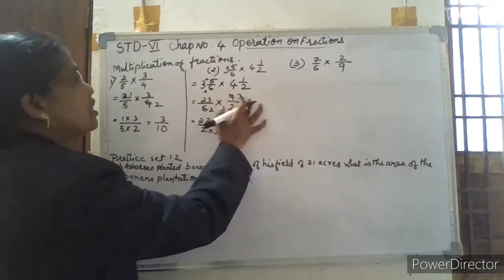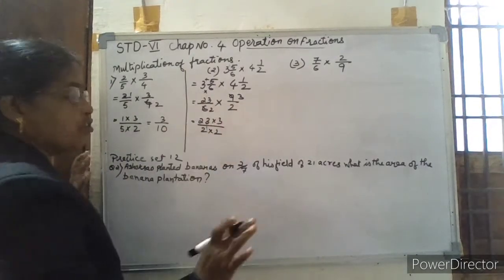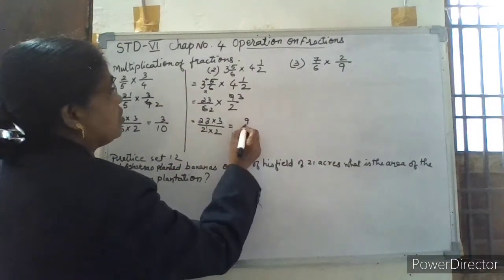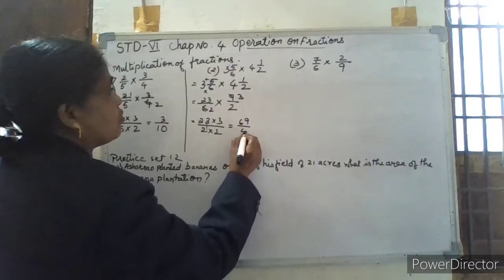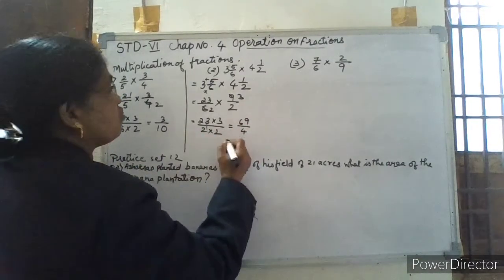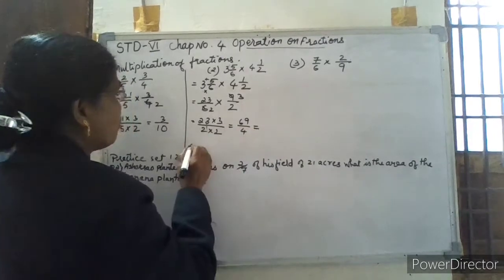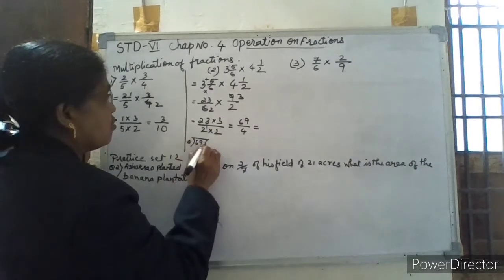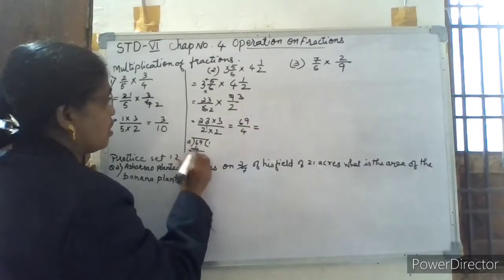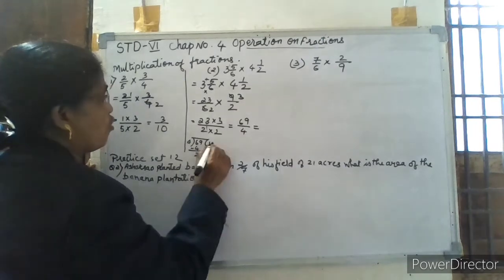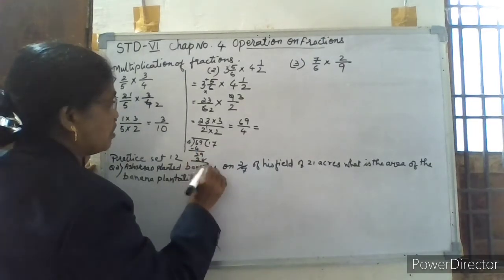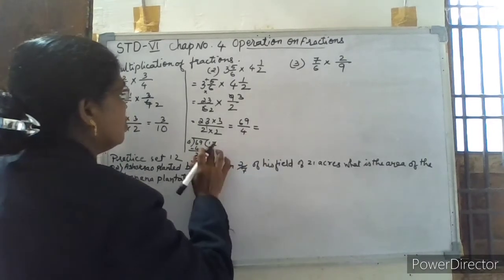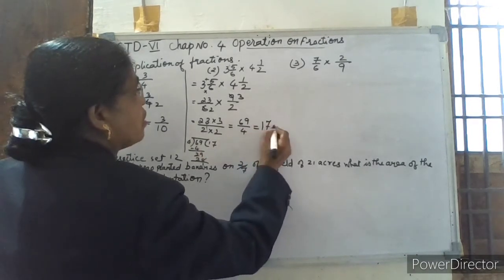That's what you have to do. So 3 3s are 9, 3 2s are 6, upon 2 2s are 4. This is an improper fraction, so I can convert it into a mixed fraction. That is 69 divided by 4. 4 1s is 4, remaining 2, bring down 9. 4 7s is 28, remainder is 1 here. So it is equal to 17 as the whole number, then 1 is the remainder here, 1 by 4.